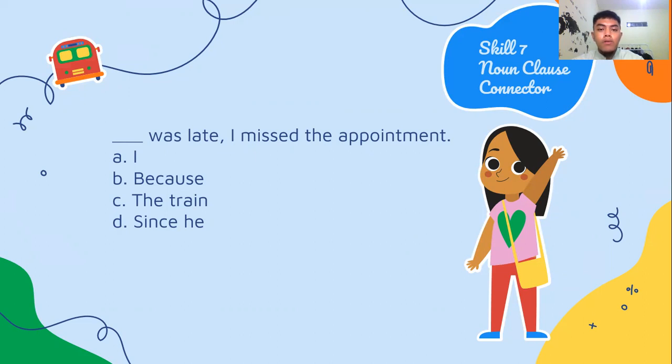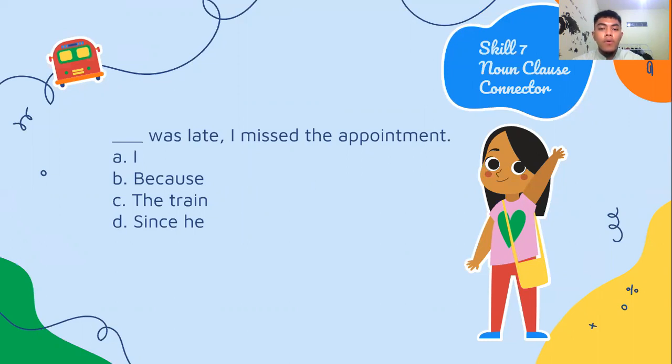Answer B is also incorrect because there is no subject for the verb. The most correct answer is D, sign he, because there is a subject, he, for the verb and also a connector to join the two clauses. Let me now move on to skill 8.